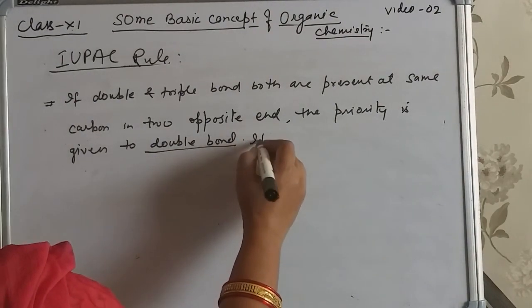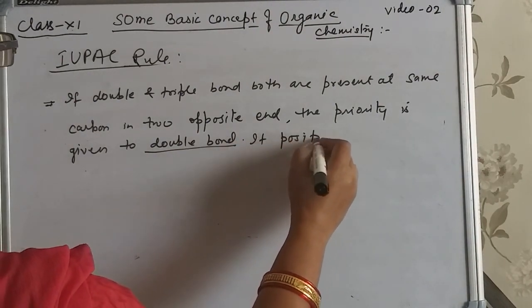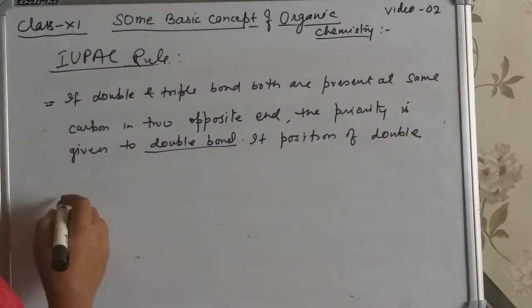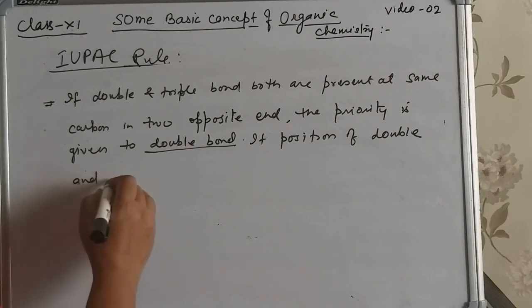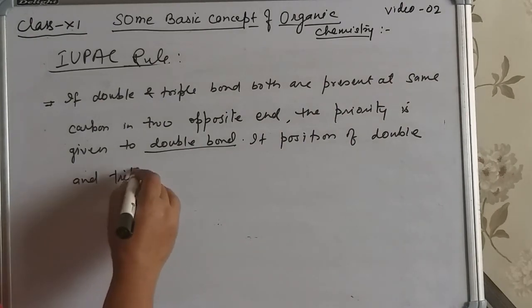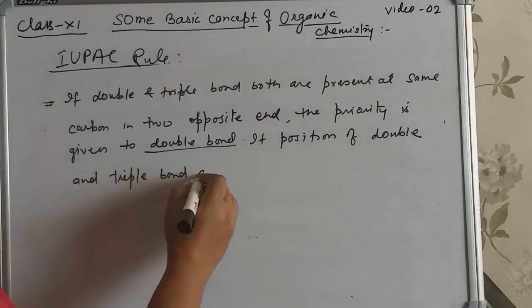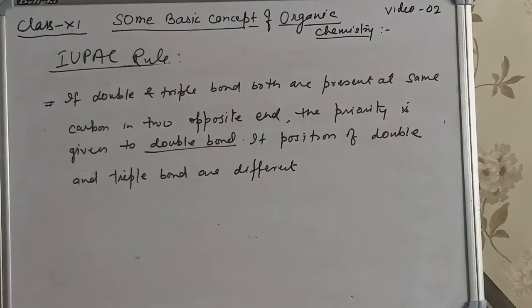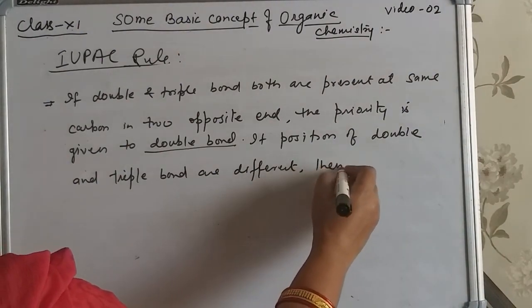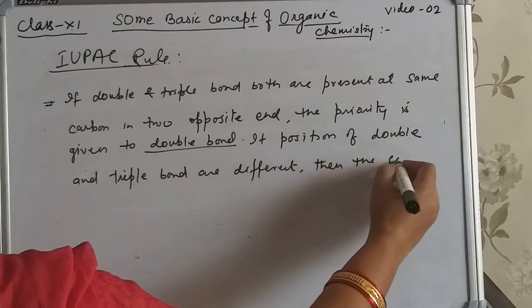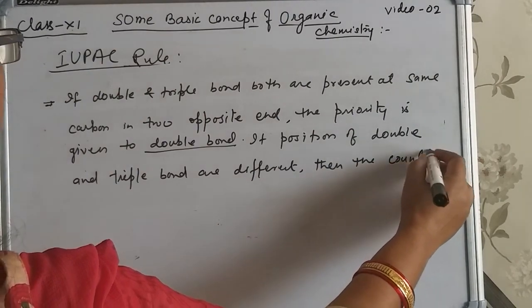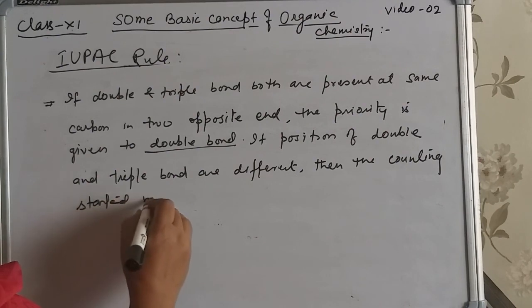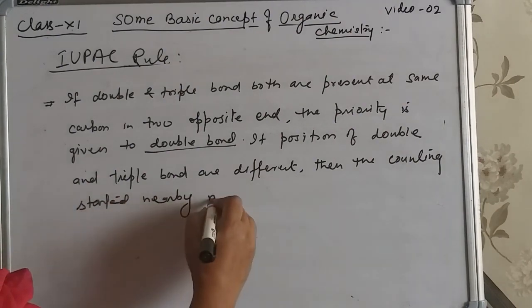If the positions of the double and triple bonds are different, then counting is started nearby the multiple bond.